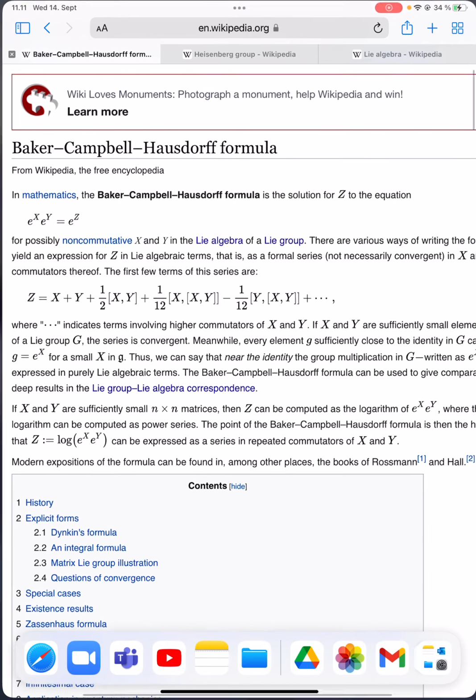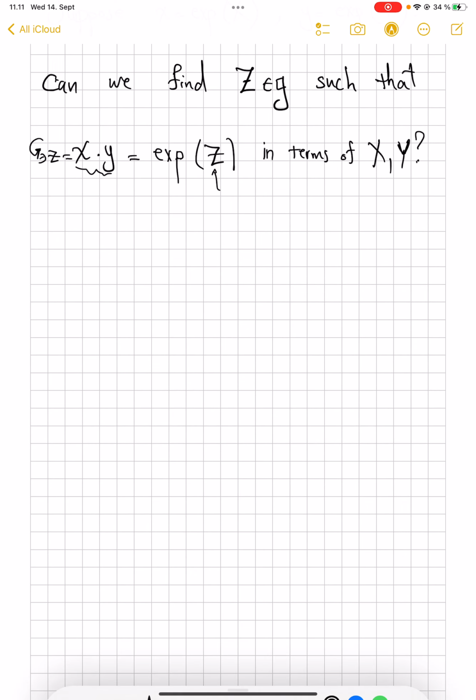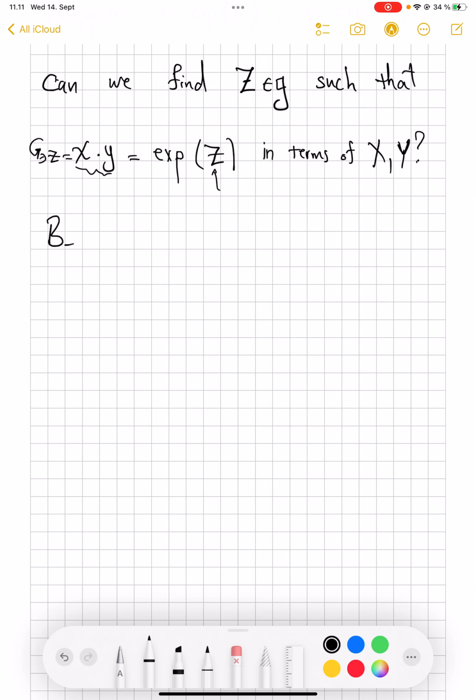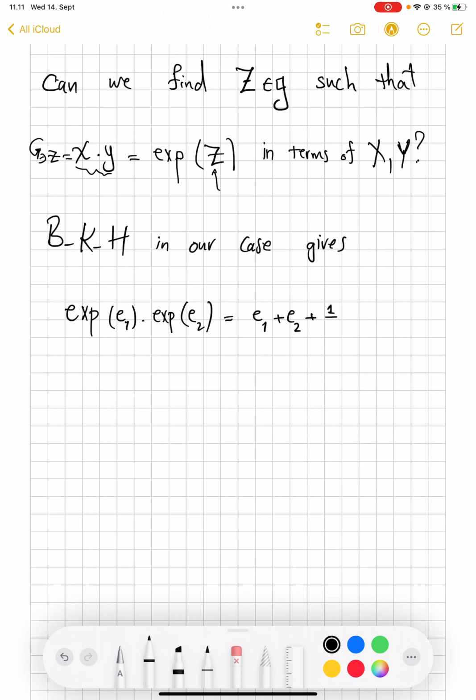So in our case, if we apply Baker-Campbell-Hausdorff, the exponential of E1 times the exponential of E2 is the exponential of E1 plus E2 plus 1/2 bracket of E1, E2.